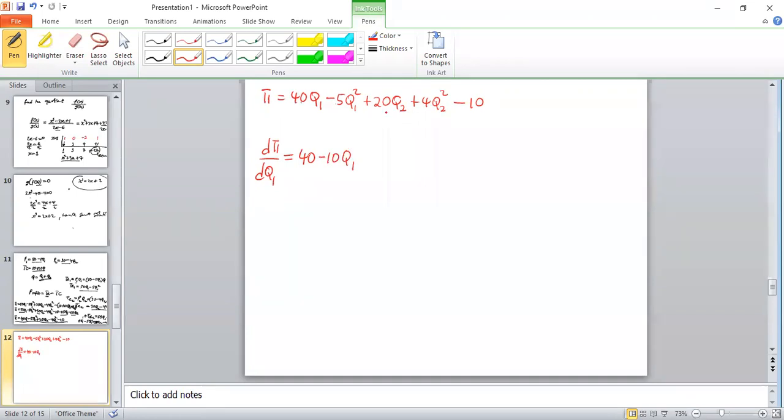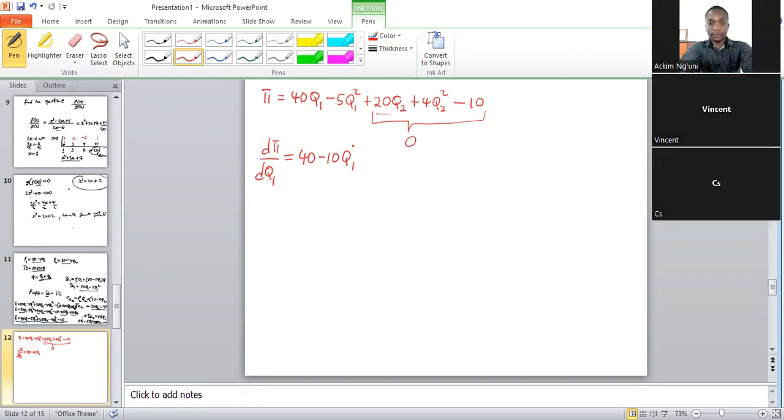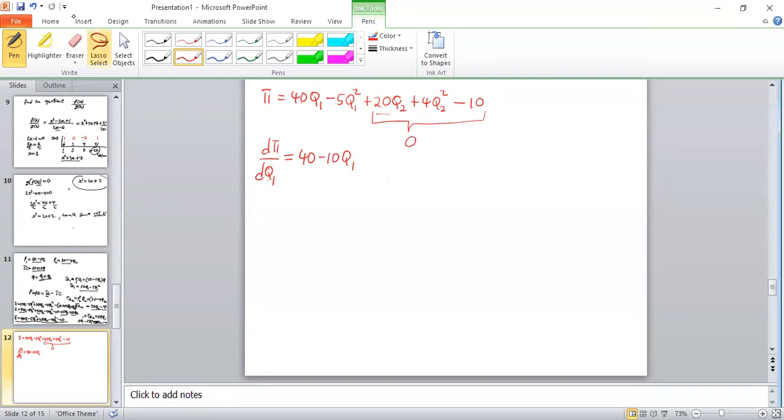Then Q2 is a constant in this case, since we are differentiating with respect to Q1. When we differentiate a constant, including the negative 10, we get 0.